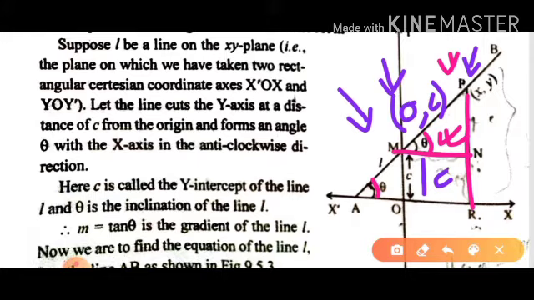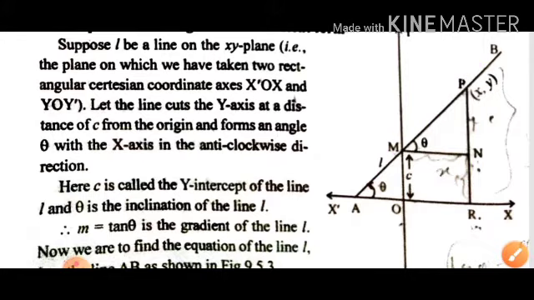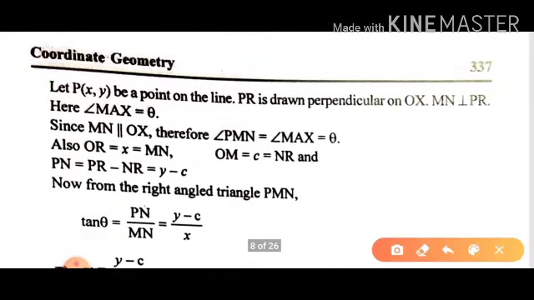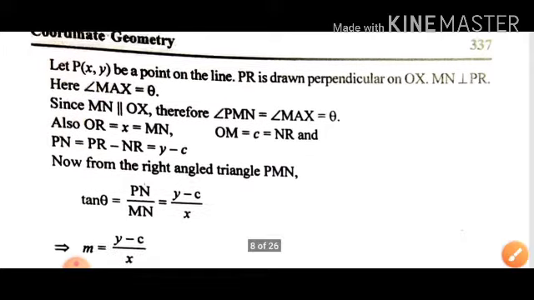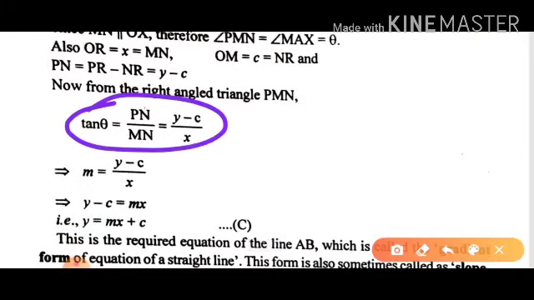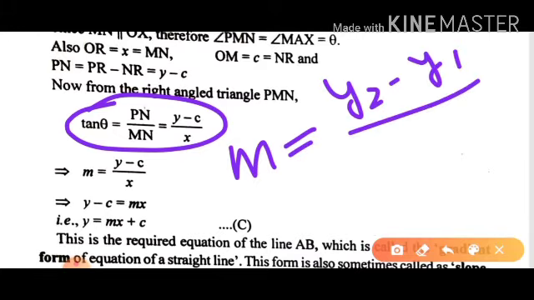Now we can apply the same thing here. All the writing you see, P(x, y), and this is theta, you can read all this. Instead of going from this to tan theta, you can directly use m equal to (y2 minus y1) divided by (x2 minus x1).